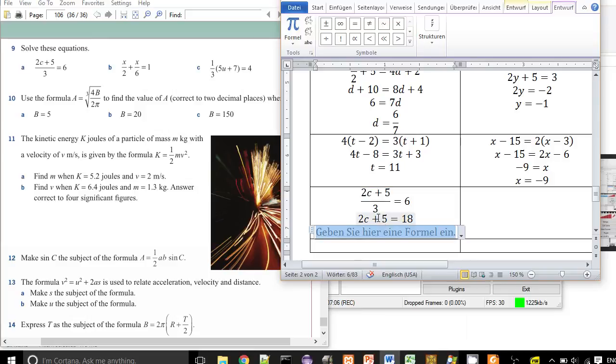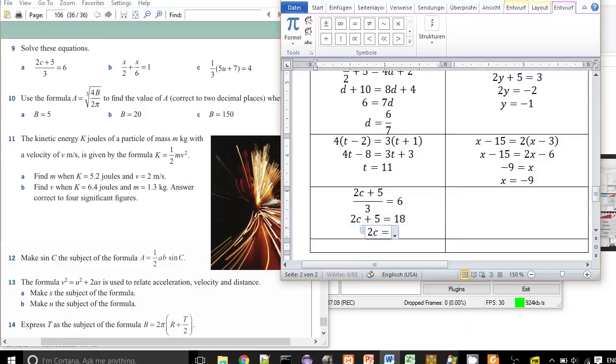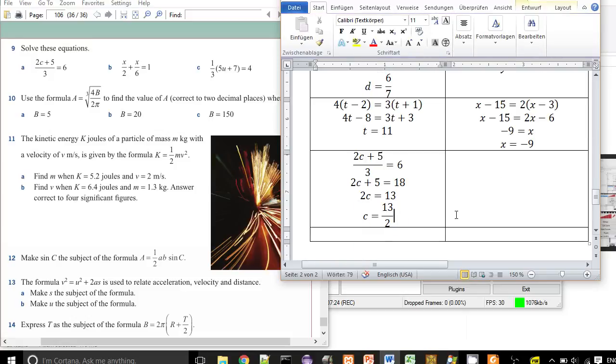Next take away 5, so 2c is 13, and now divide by 2. So 13 divided by 2 is 6.5. You can even write 13 over 2, that's fine. It doesn't matter too much. It's more that you even got to the right sort of answer.